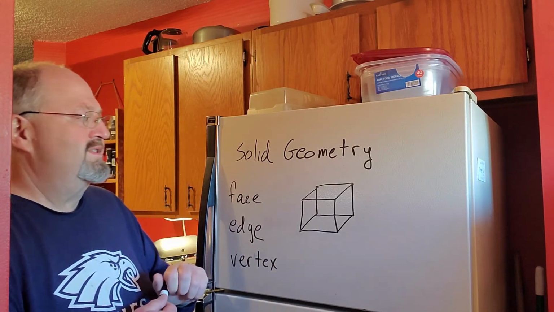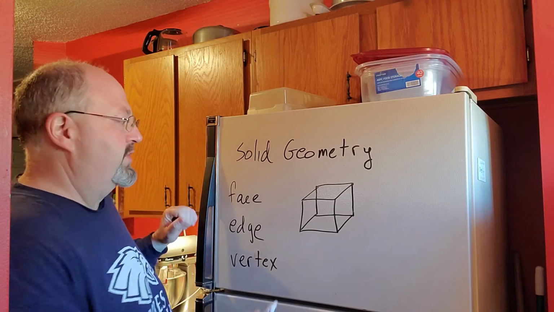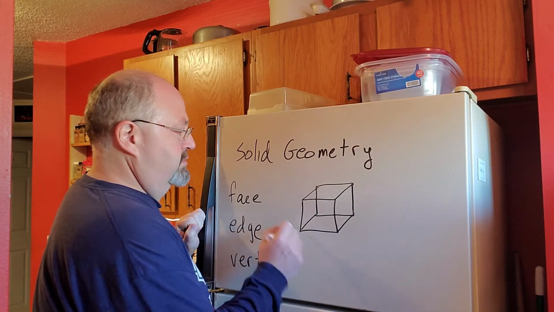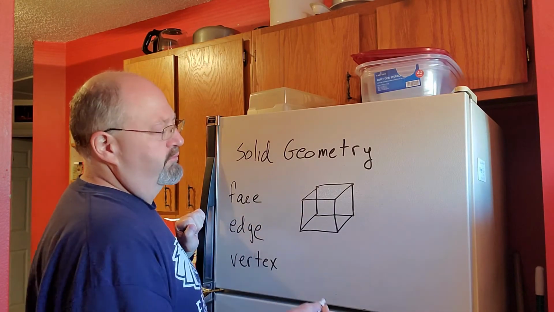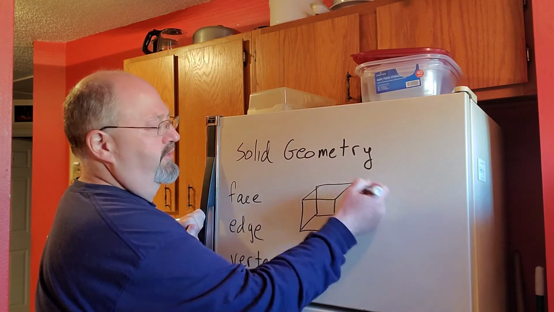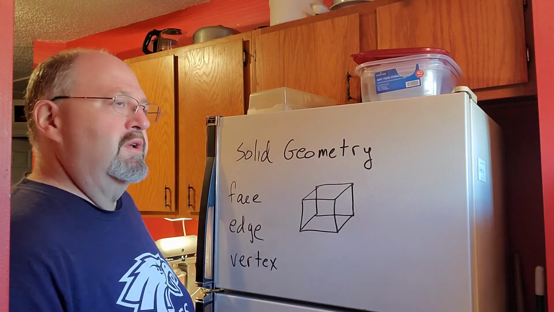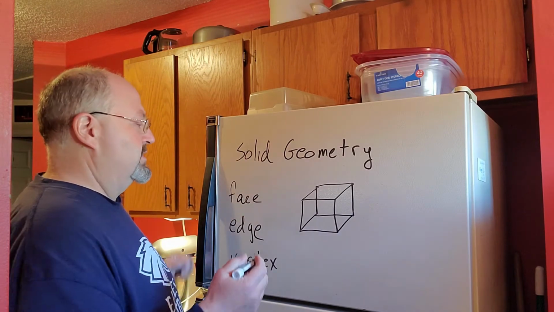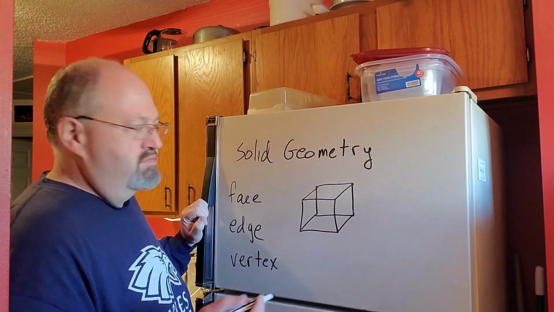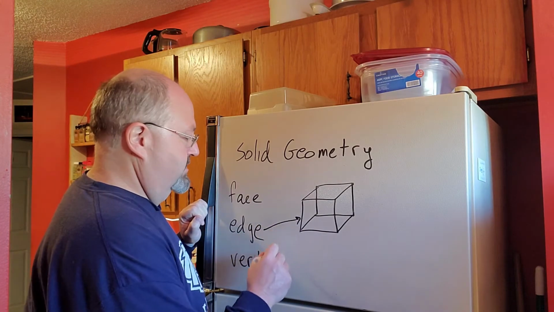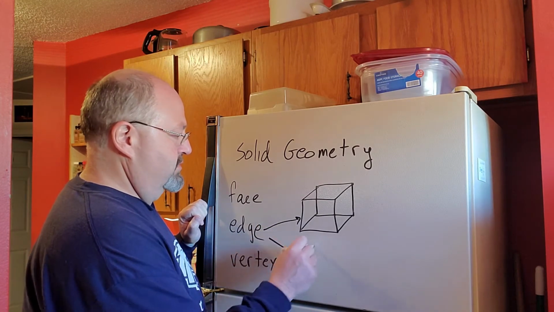Now, face is just any side of a three-dimensional figure. So, this front square here is a face, that's a face, that's a face, face, face, face. This cube has 6 faces. Edges are just the sides of the faces.